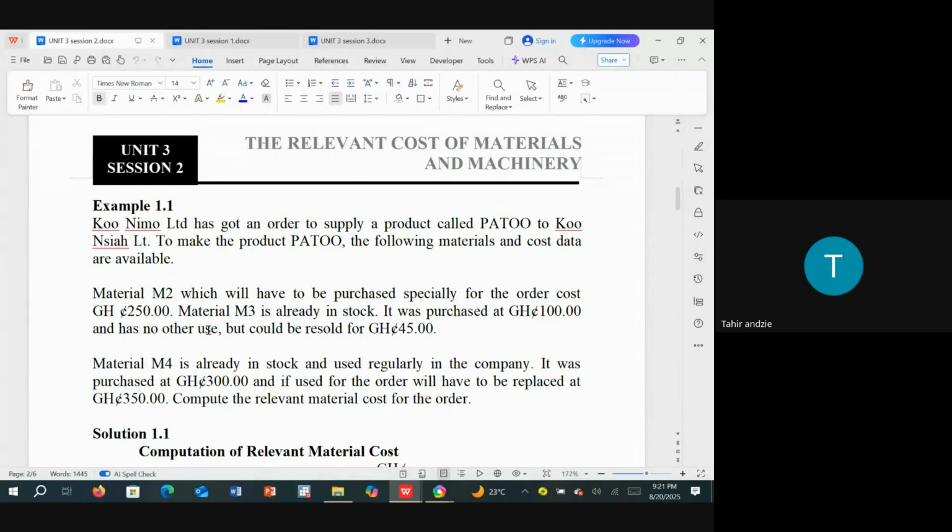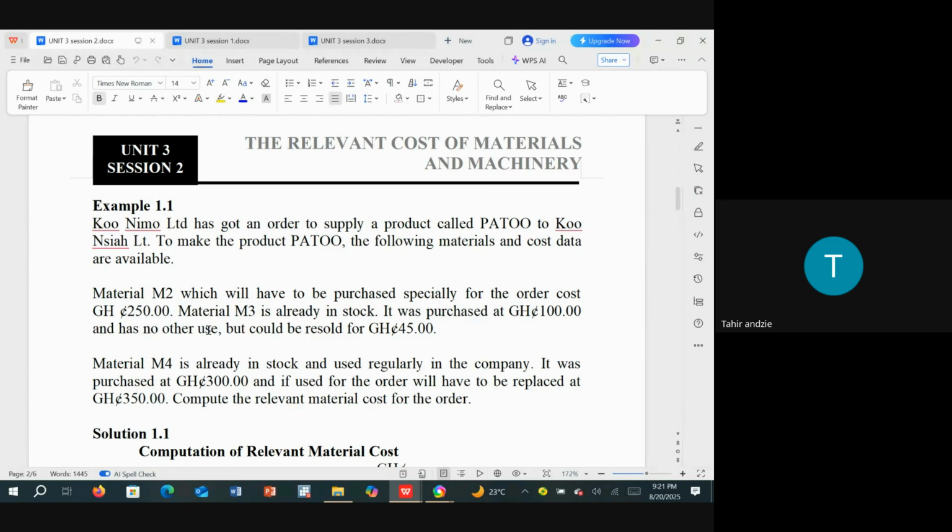If the material is in stock and has no other use apart from the new project, then the relevant cost is the realizable value, if any. If there's no realizable value, the relevant cost is nil. That is the concept. So with this concept, what will be the relevant cost of material M2?